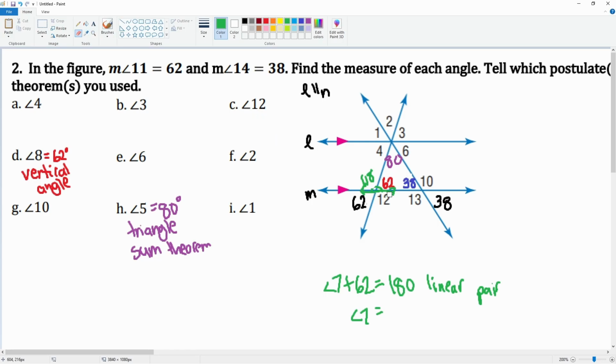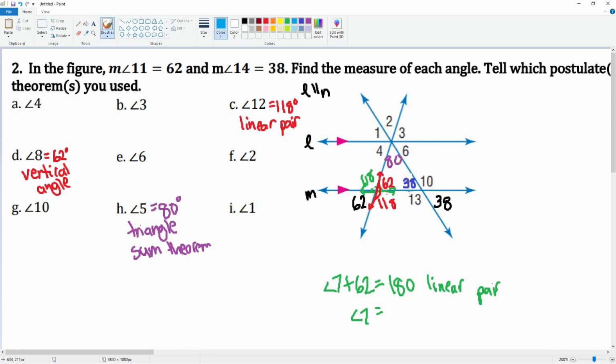Then we have 12. Also, that makes a linear pair right here with the 62. So this is 118. So we can say this is 118 because of linear pair or vertical angles, whichever you want to determine. All right, let's now find on the other side, angle 10.